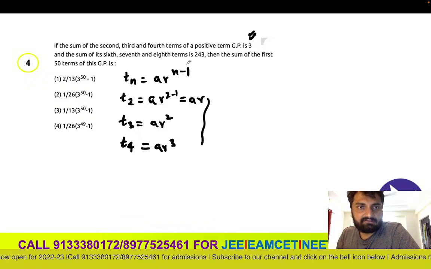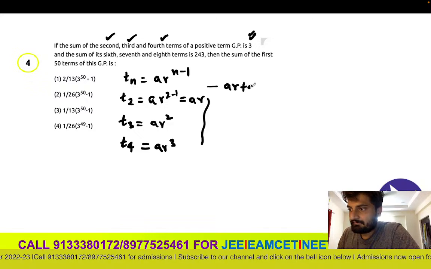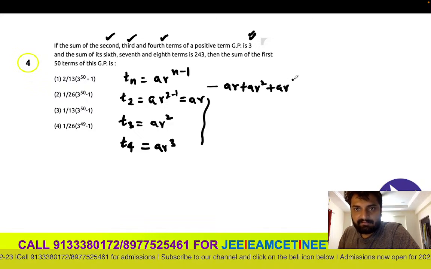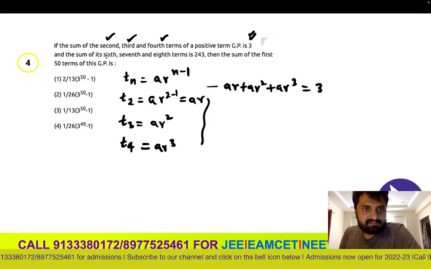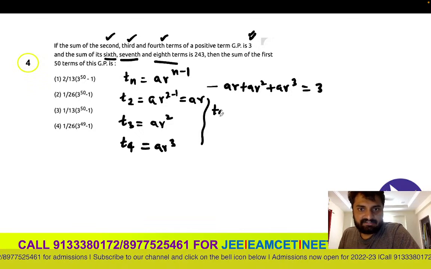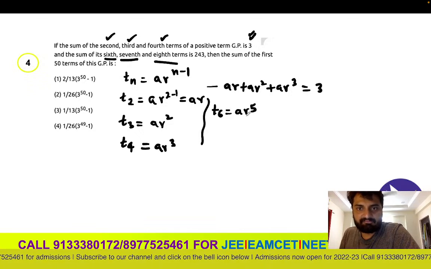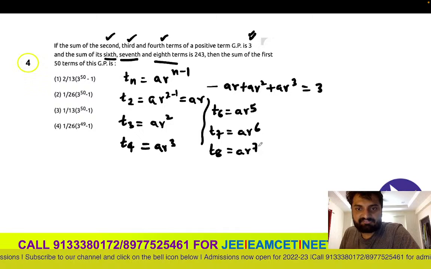Now they are saying the sum of second, third and fourth terms, that is AR, AR square, AR cube, will be 3, and the sum of 6th, 7th, 8th terms. So T6 will be AR power 5, T7 will be AR power 6, T8 will be AR power 7.